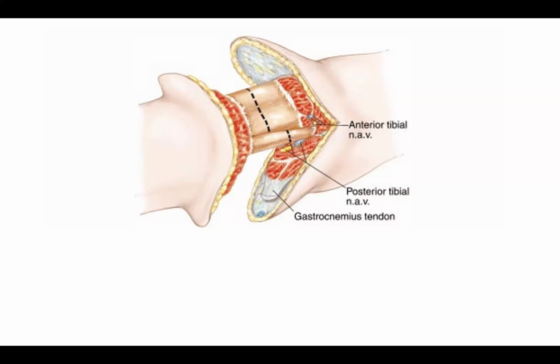Stump closure is one thing. Other thing? Weight bearing, sir. No, where does a below knee prosthesis bear weight? Is it on the stump itself or somewhere else?